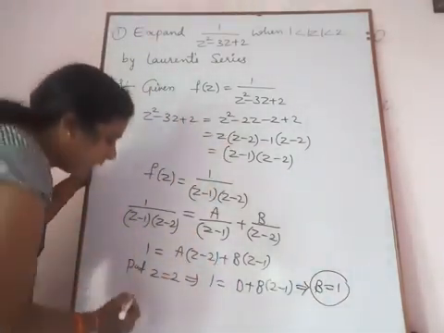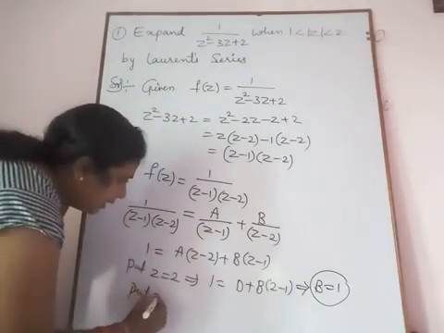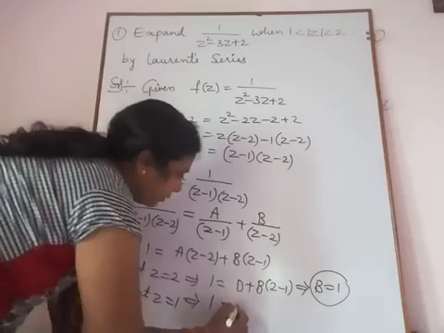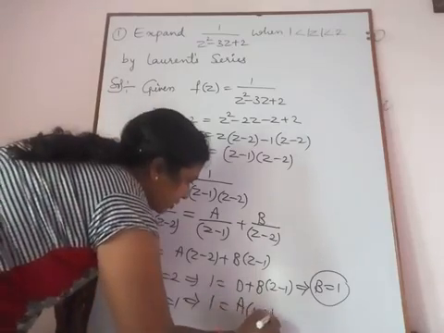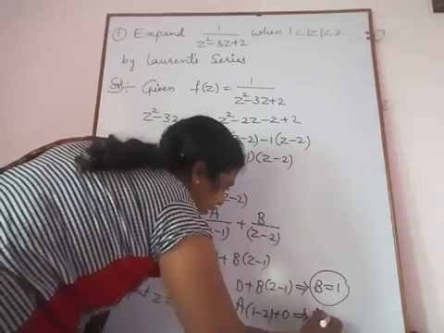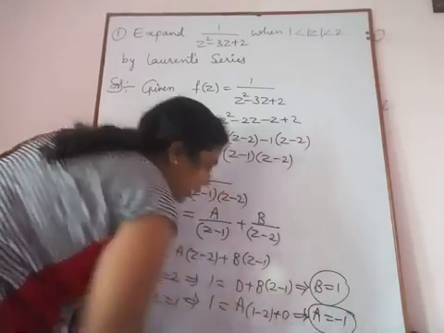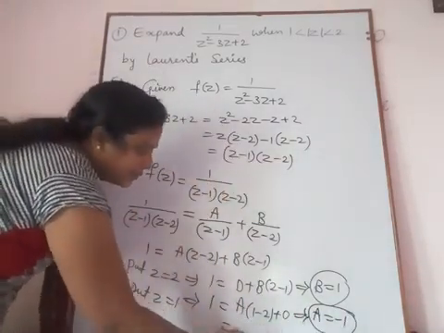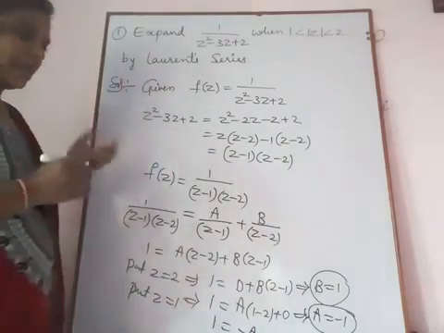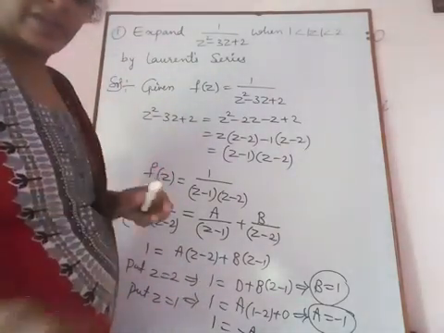Okay, and put z is equal to 1, then 1 is equal to a into (1 minus 2) plus 0, that is, the value of a is minus 1. Here the simplification is minus a is equal to 1, so a equals minus 1.